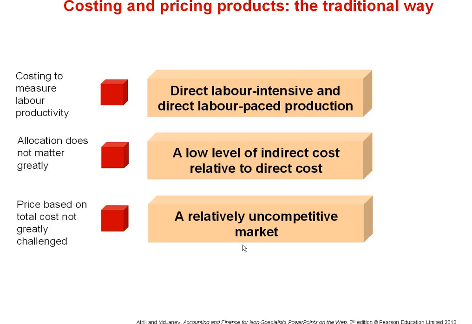So, the famous Bloodhound missile project on a cost plus basis. The price agreed was the full cost plus a percentage. And of course, the costs got out of control because the more costs that you could allocate to this project, the higher the price, because it was cost plus.